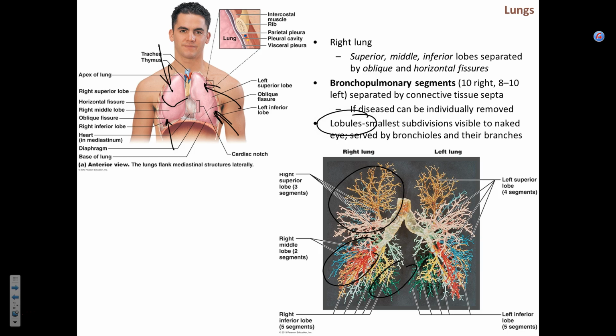Now, why are segments clinically important? It's basically the last structure that can be independently removed. So if there is an infection, say a chronic mycobacterial infection that is antibiotic resistant, you cannot get rid of it, you need to do something about it, you can do a surgery and remove the infected lung segment.